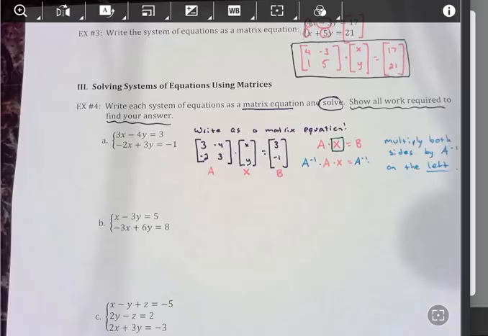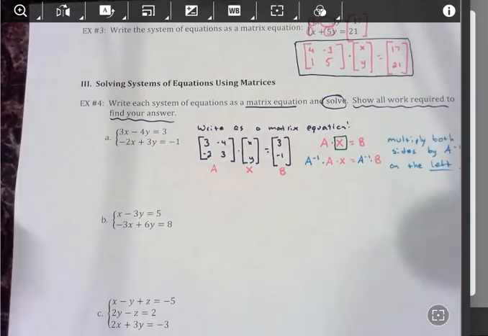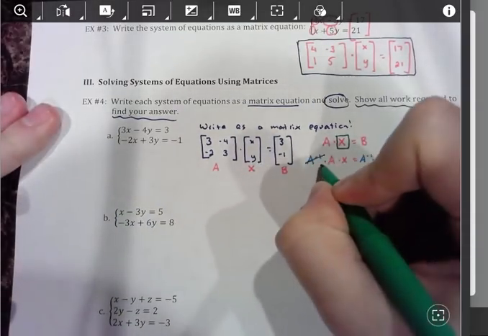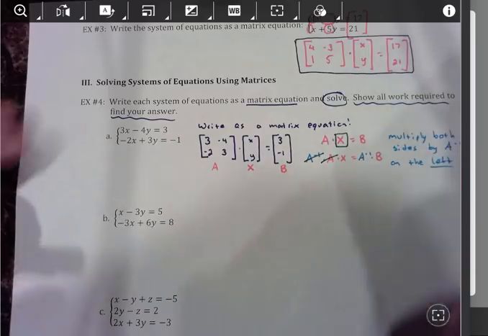It's important that it goes on the left side of the B matrix that I'm multiplying it by. So this A inverse and this A cancel each other out. This is the work that's required.